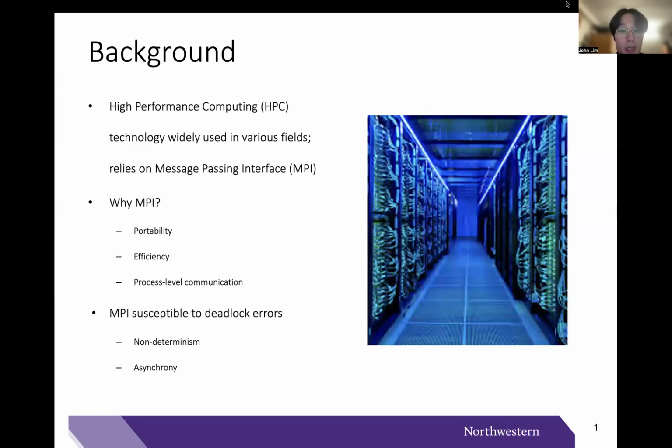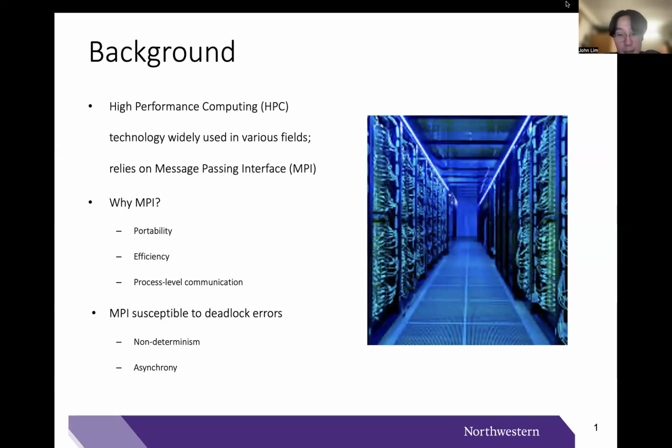For our background, from class, we learned about high performance computing clusters. It's a technology that leverages clusters of powerful nodes to run multiple jobs simultaneously on numerous computer servers or processors. We know that the cluster relies a lot on the message passing interface, or MPI.